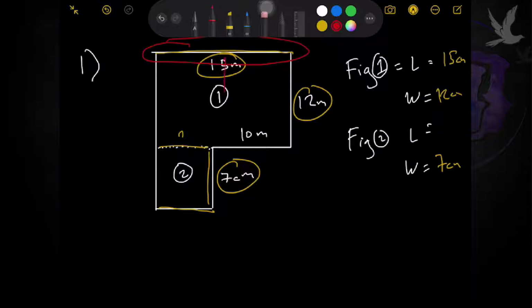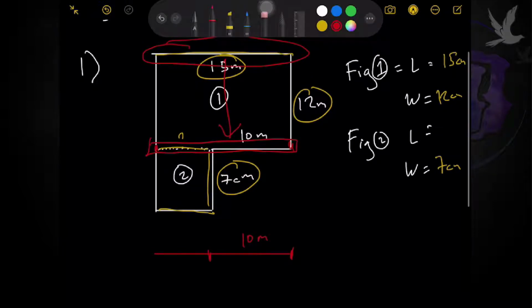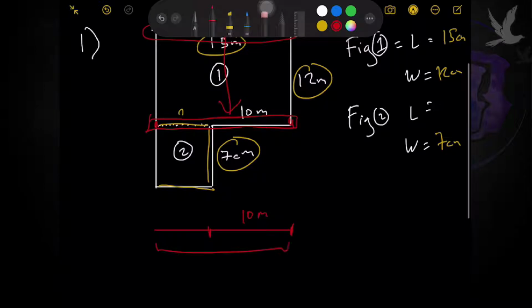As this side is actually the same as this side, if there's a physical line there. So, let's take this point to this point. I'll draw it here. Part of it, until dito lang, is equivalent to 10 meters. But knowing from the information that is given, the total length of this one is 15.